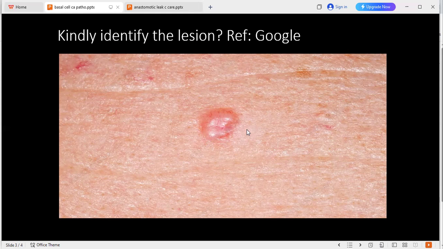I expected to see signs of malignant transformation. Okay, you have taken an excision biopsy.